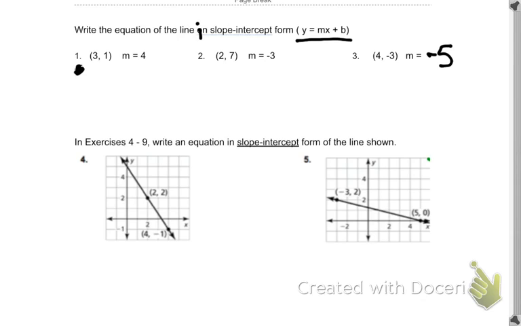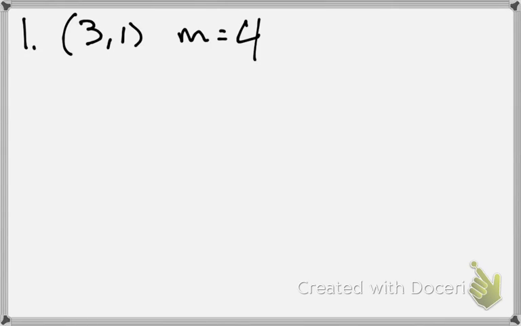In number 1, I'm given a specific point, and I have what m is equal to. So from here, I have to figure out, using the equation, how do I come up with y equals mx plus b when I don't even have a b that I can go off of? I'm going to jump over to a different slide just so I can see a little bit more work that I'll have to do for this one.